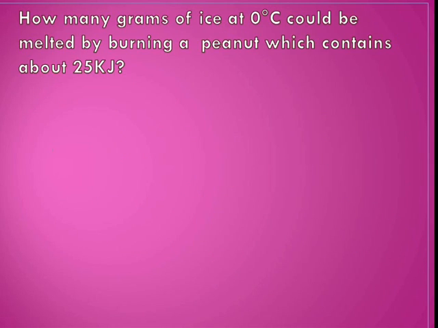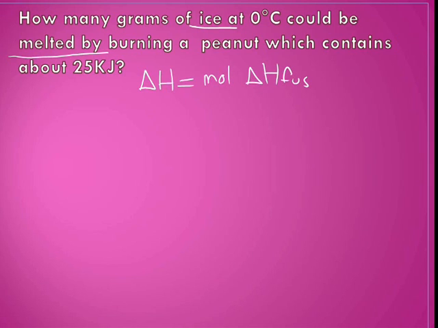Try another problem. How many grams of ice at 0 degrees could be melted by burning a peanut which contains about 25 kilojoules? Let's go to our formula: delta H equals moles times delta H. In this case, we are melting a solid piece of ice, so that is indeed heat of fusion.